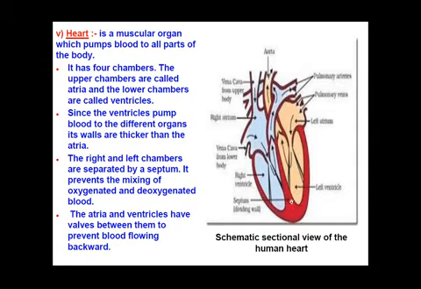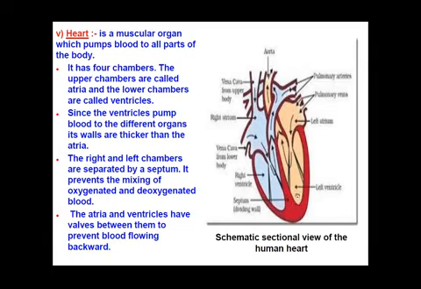The presence of the septum ensures that the oxygenated and deoxygenated blood, that is the pure blood and the impure blood, do not get mixed with each other. So it prevents the mixing of oxygenated and deoxygenated blood.